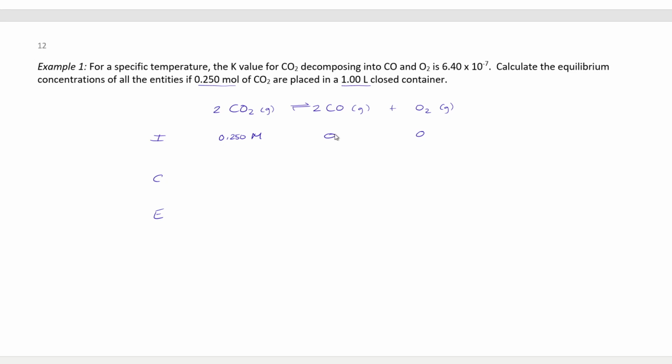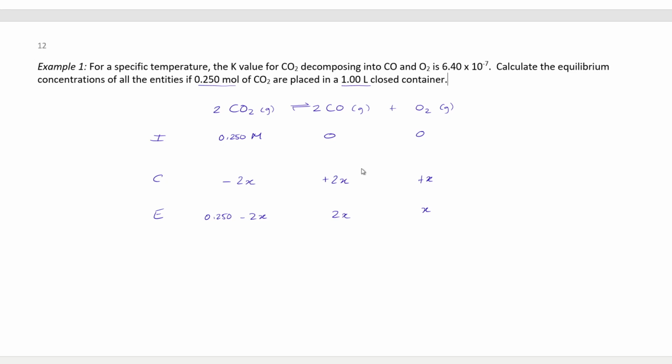When it shifts right, we're going to get a plus x here, but because the stoichiometric coefficient is 2, I'm going to get plus 2x over here, and over here I'll get minus 2x. So that at equilibrium I have 2x, I have x, and I have 0.250 minus 2x.